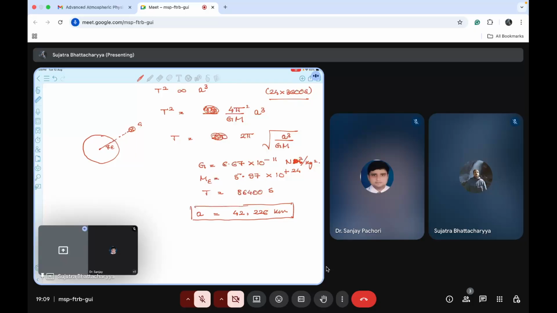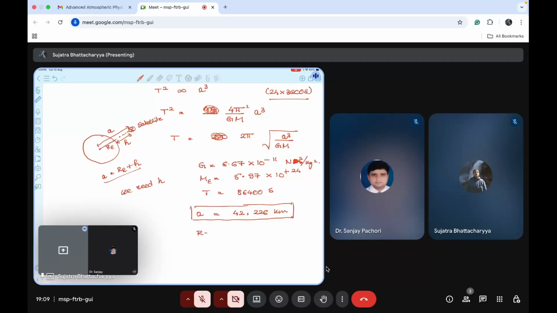This is the satellite. Let us say this is H, and this is your A. So A is RE plus H. We need H, that is, from the surface, how much is the distance of the satellite.